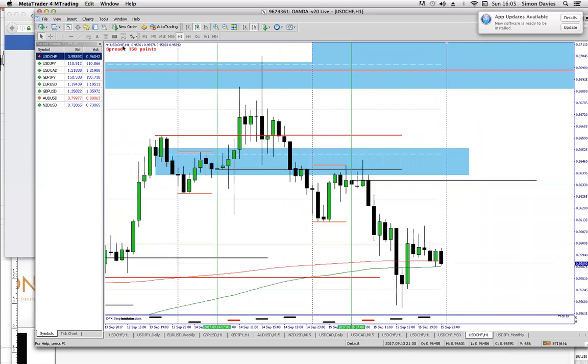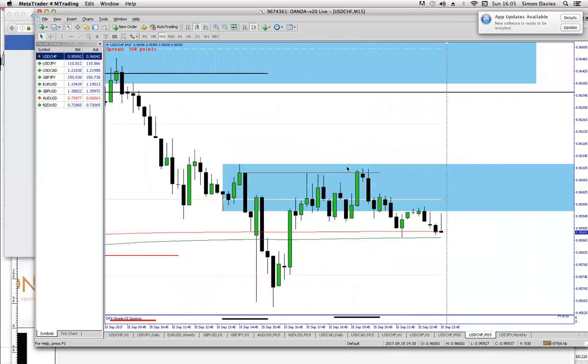So nothing's telling me it's going up. An order block here, price ran away from it, came back into it, and on the hour, we're heading down. So you see how I just broke that down from the monthly all the way down to the hour, all the way down to the 15-minute chart.